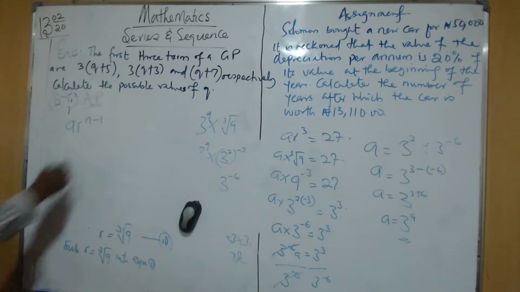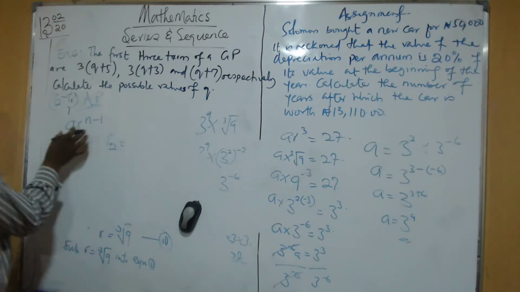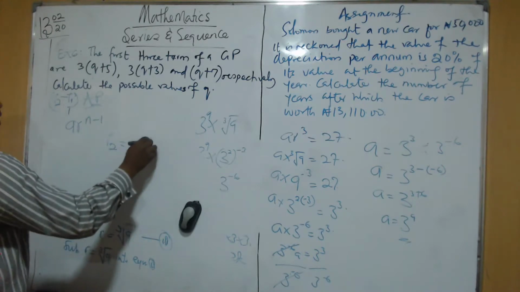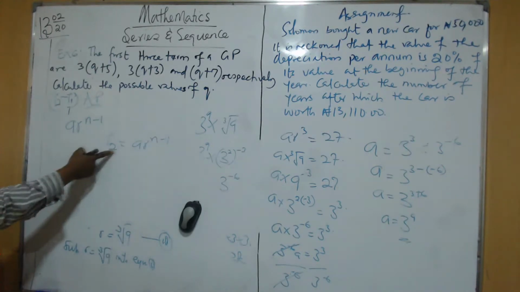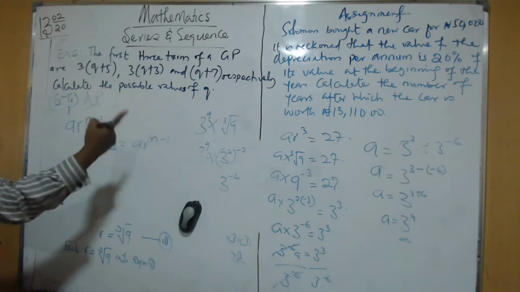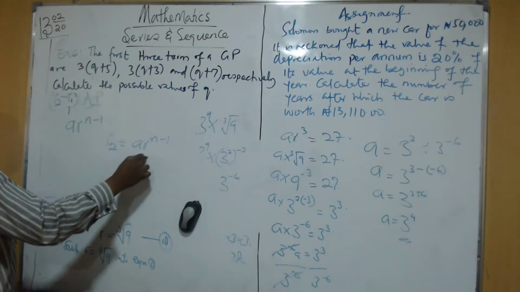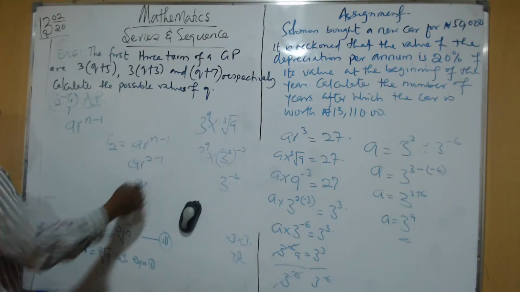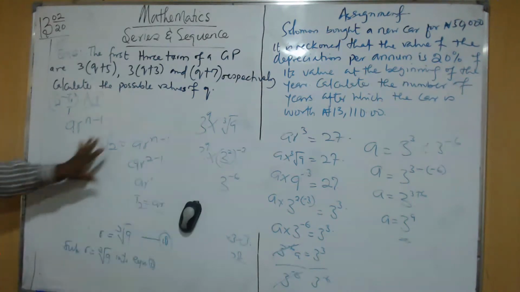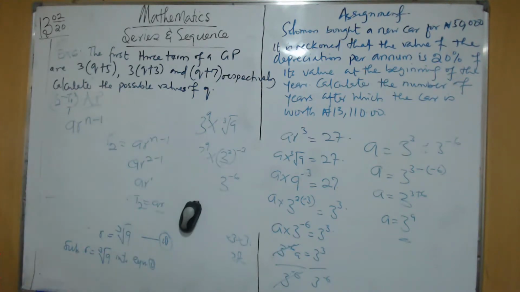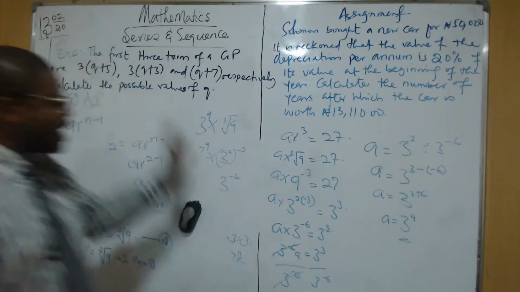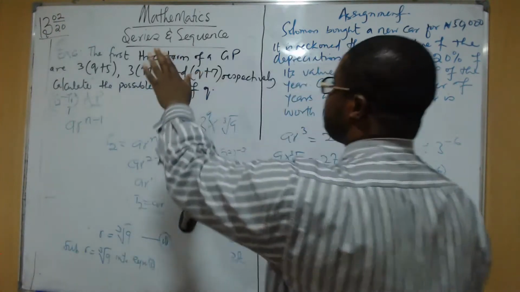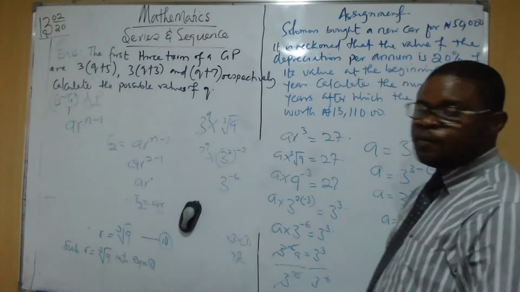For example, find the second term. We have AR to the n minus 1, so the value of n is 2. We have AR to the 2 minus 1. When we establish this fact, then we should be able to solve any questions that come in series and sequence.